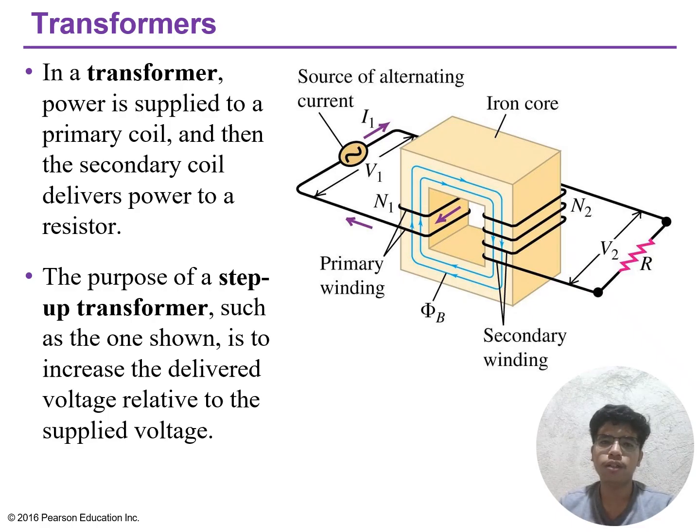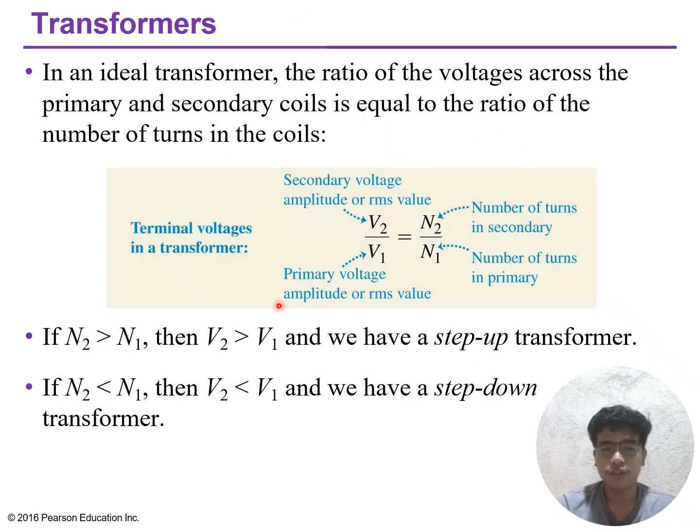Transformers work only with AC because DC produces no changing flux phi sub B and thus no induction. This voltage transformation enables efficient long-distance power transmission, stepping up at the generators and stepping down at consumers.